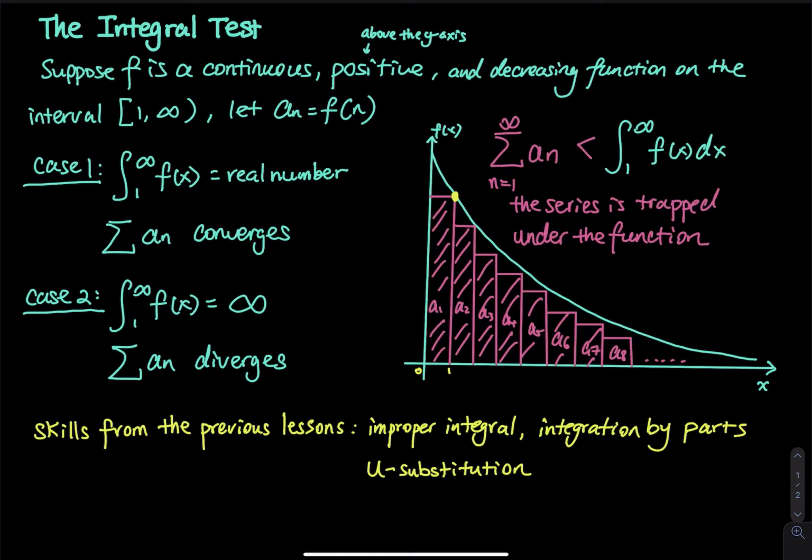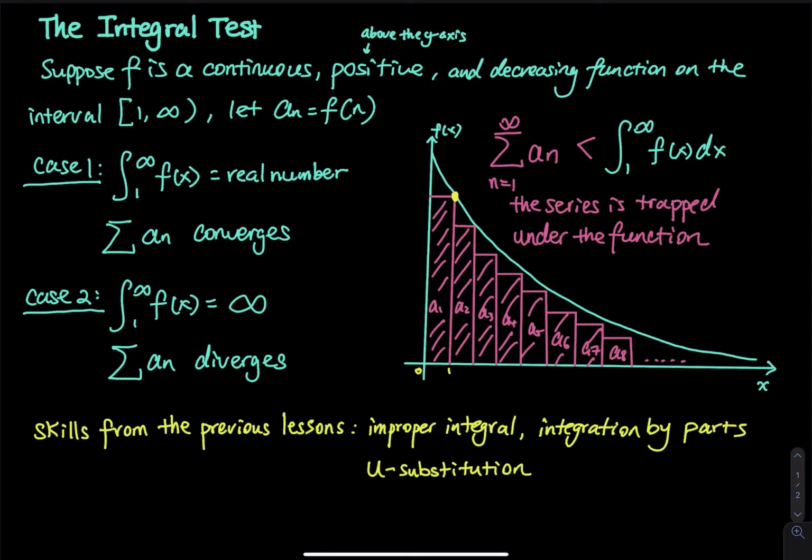We are talking about case 1. You evaluate the definite integral, the result is equal to 10. 10 is a real number. What about the series? The series stands for sum. The sum is less than 10, so that means the sum has to be a real number, and therefore the series converges.